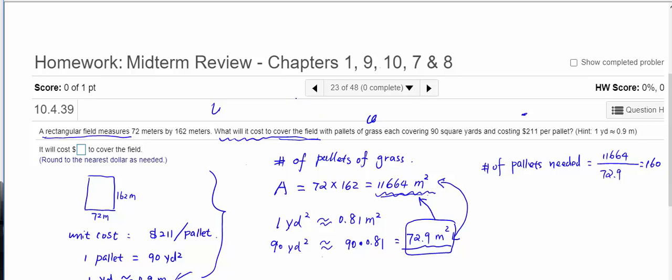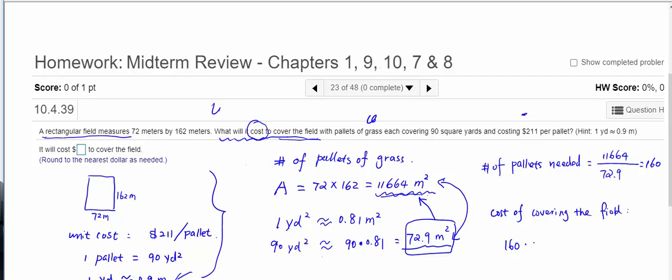And remember, they want the total cost, right? Not just the number of pallets of grass. So now we multiply this number with the unit cost. So the cost of covering the field is going to be the number of pallets needed, which is 160, times the unit cost, which is $211 per pallet.